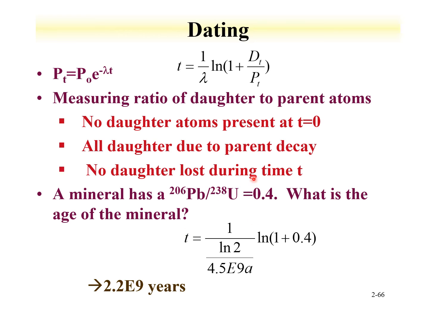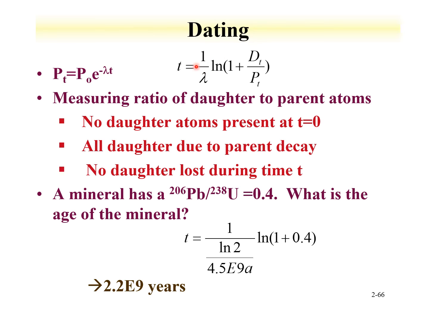So if we go through this, what is the age of the mineral? Substitute our terms into this equation. It's the decay constant, log 2 divided by 4.5 billion years, times the log of 1 plus the daughter to parent ratio.